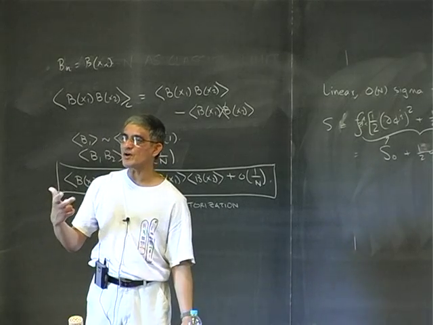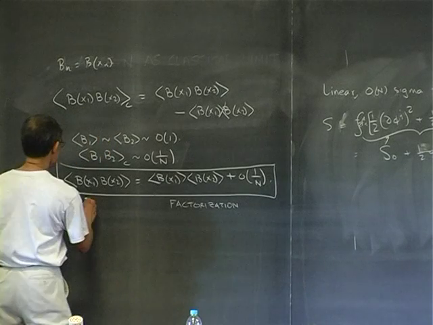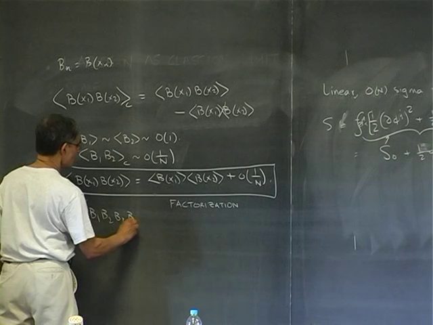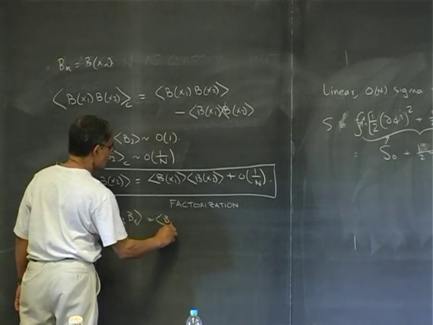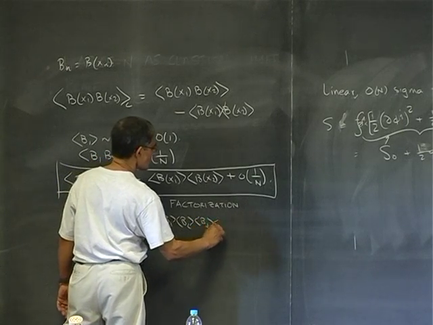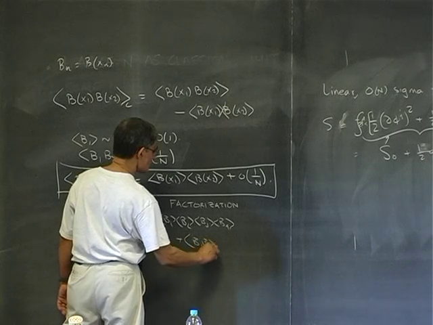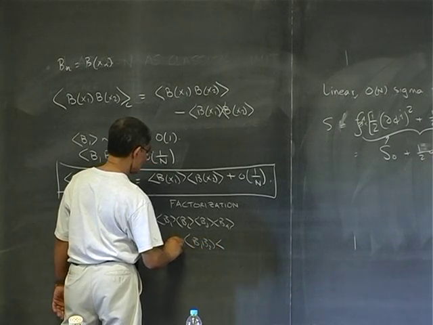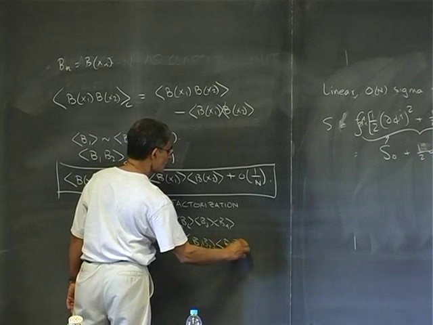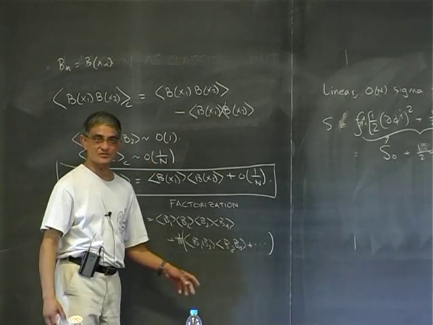Remember, the 4-point function, what this tells you is that, for example, if I have b1, b2, b3, b4, that is going to be b1 b2 times b3 b4, plus b1 b2, and then there is an order 1 upon n, b3 b4, plus permutations, and there are things with 3 of those and so on and so forth.